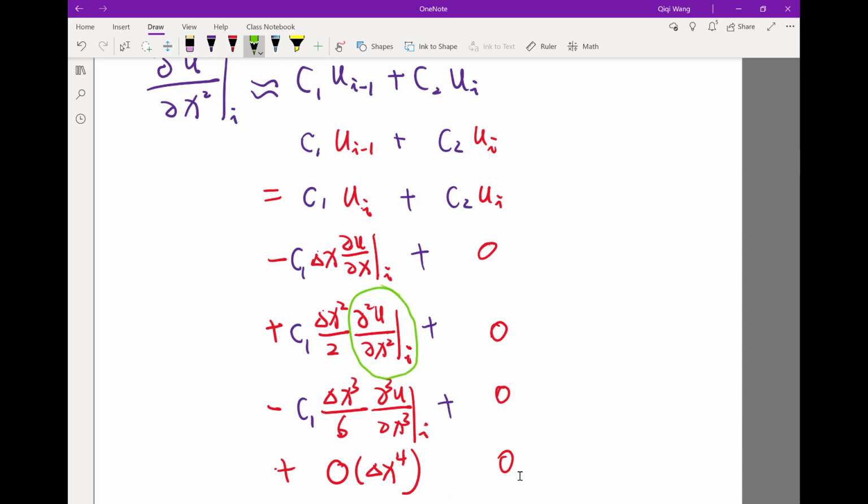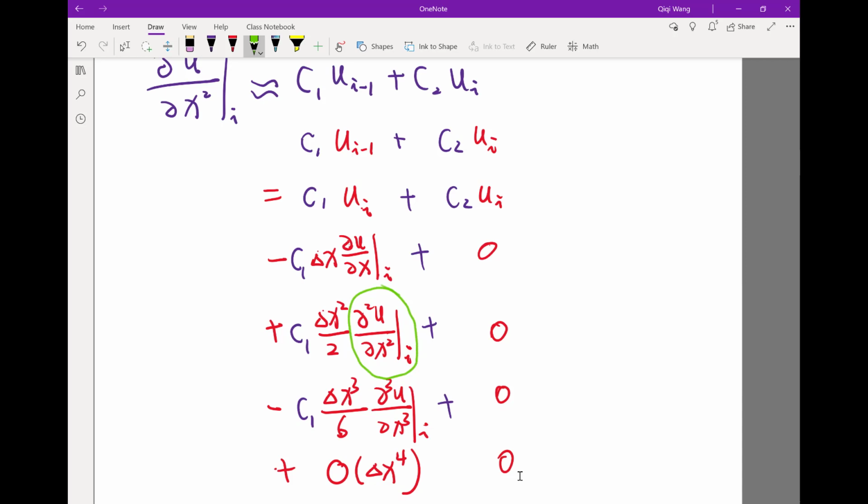In order to approximate it, we can see immediately that we have to divide this whole thing by something proportional to delta x squared, which means I have to also divide the other terms by delta x squared.